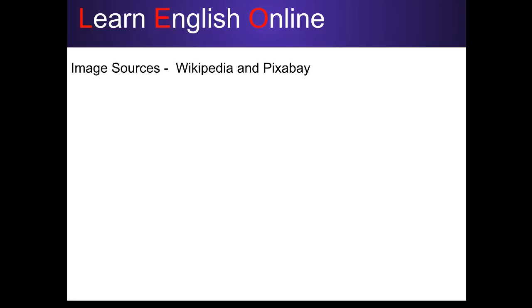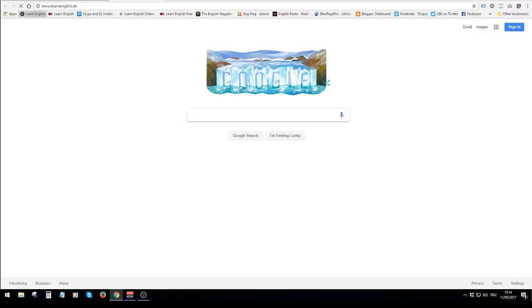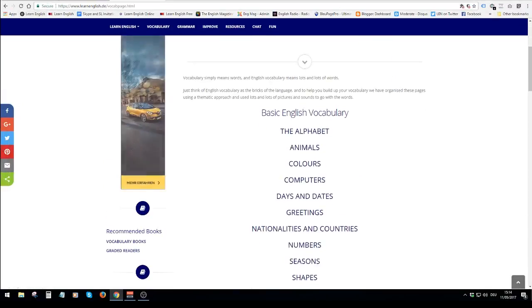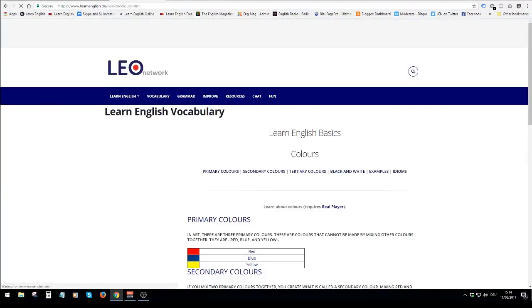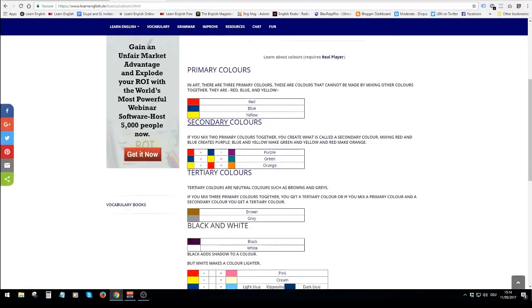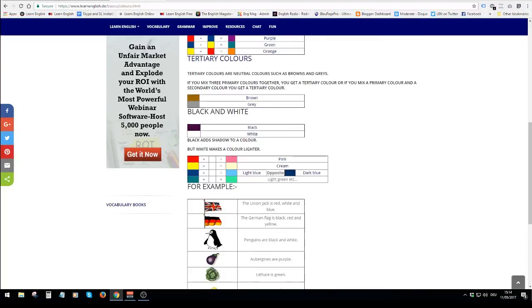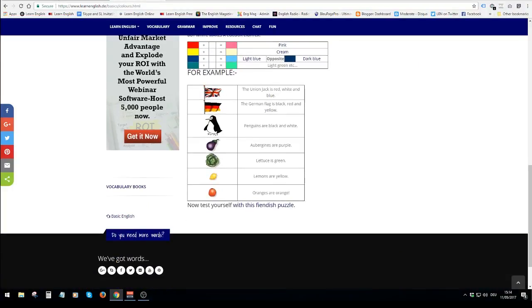If you find this too easy, go to the website, go to vocabulary, find the basics. We have colours. Remember I mentioned primary, secondary, tertiary. It's all in there.